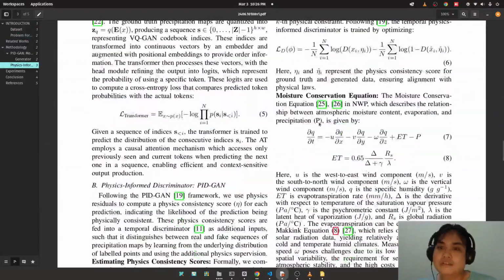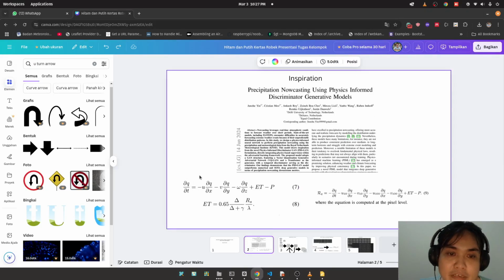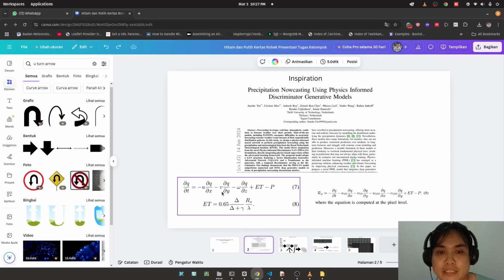Okay, here. It's called the moisture conservation equation. Basically it's like this. Q in here is the specific humidity.